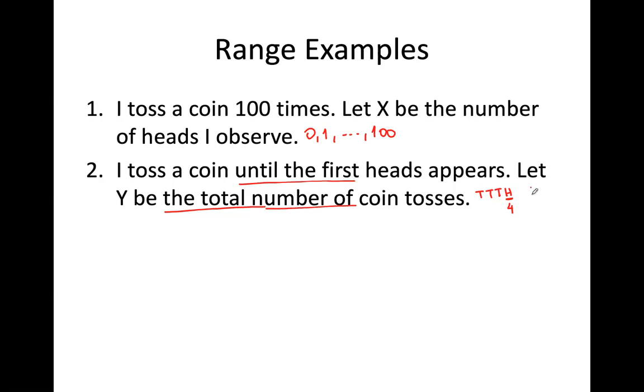For example, if I obtain heads in the first flip, then it will be 1. If I obtain it in the third case, it will be 3. So I will have an integer as my output, and the range will be 1, 2, 3, and it might go further, right?